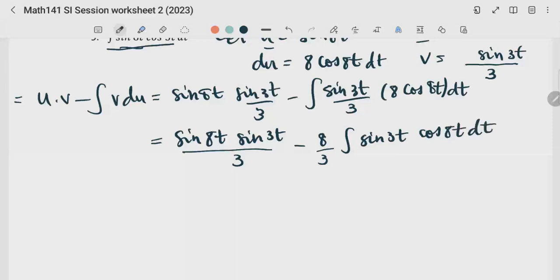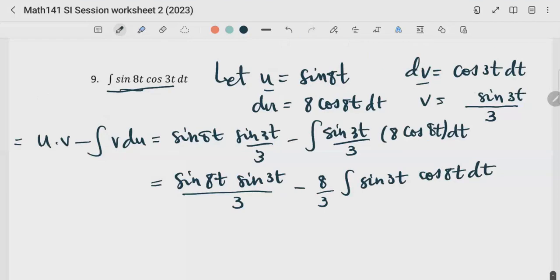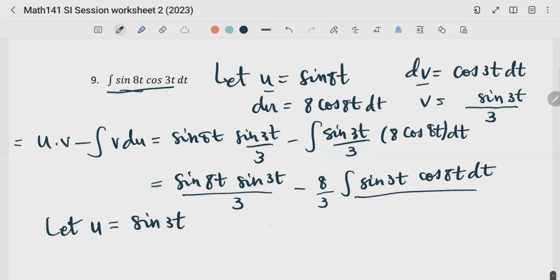To stay consistent, we'll have to let our u be the sine function again, right? Because we have to solve this integral by integration by parts. So the sine function is, in this case, sine 3t, and our cosine function is dv, being equal to cos 8t dt.